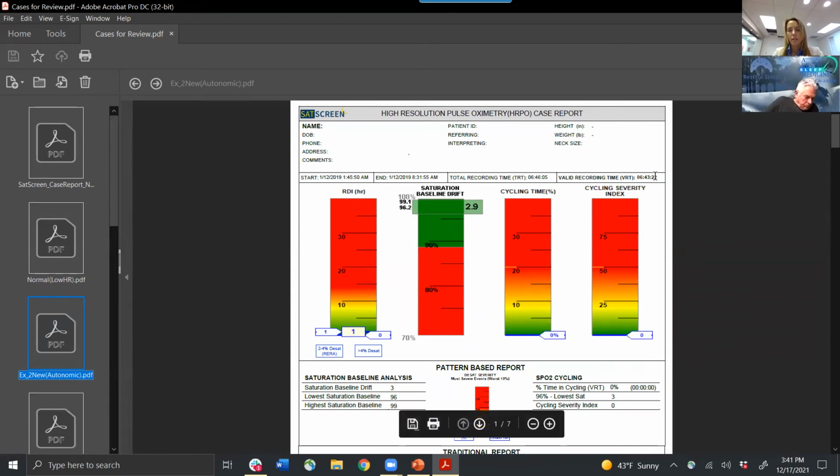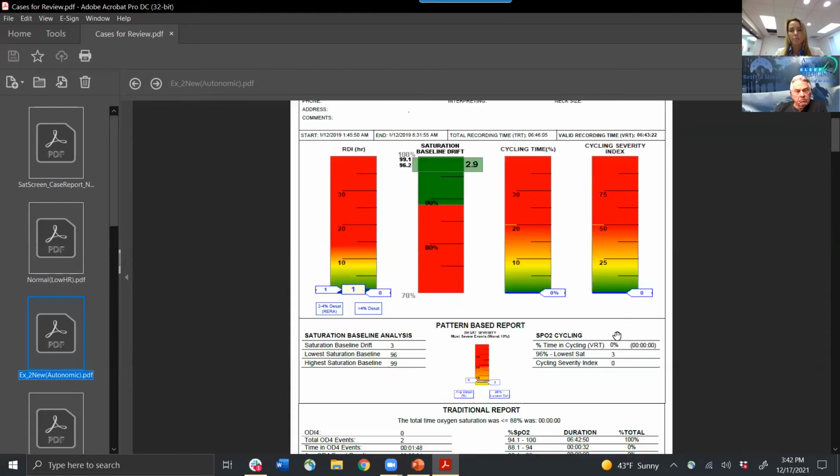Again, we're going to look at our valid recording time. So in this situation, we have 6 hours and 43 minutes. Our RDI is low. They only have 2 to 4% DSAT per hour. Saturation baseline drift is good, and then pretty much no cycling time or cycling severity, so no ventilatory instability going on here.